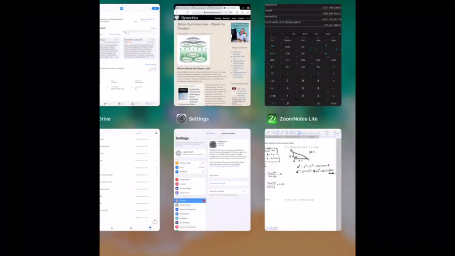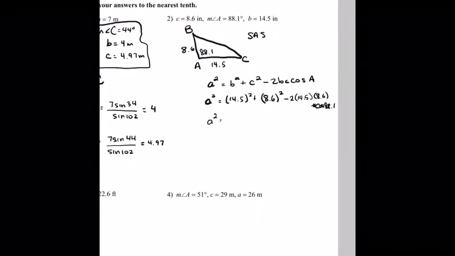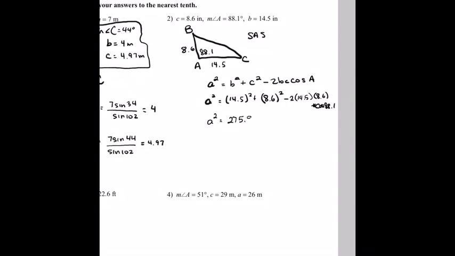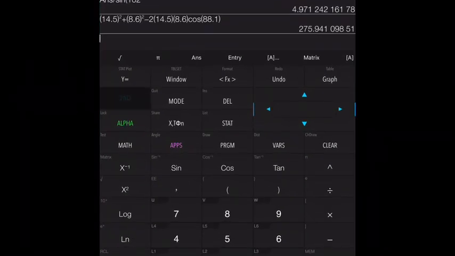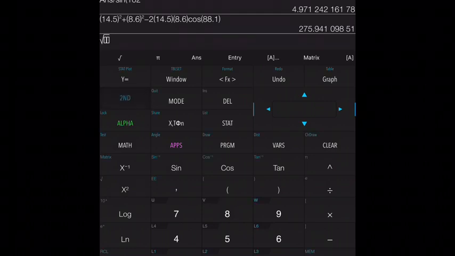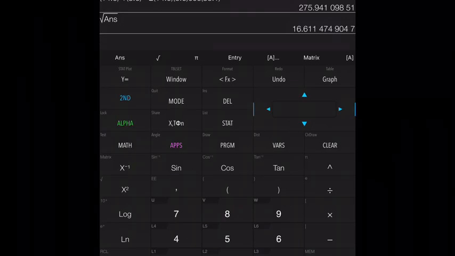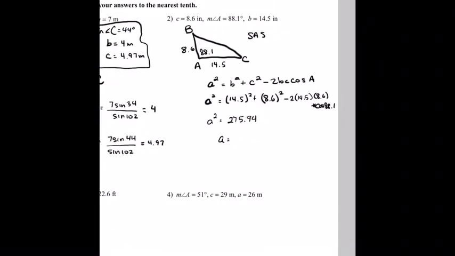So it's 275.94. If we square root both sides, the square root of that previous answer, 275.94, is 16.61. And what unit of measure are we in? We're in inches.